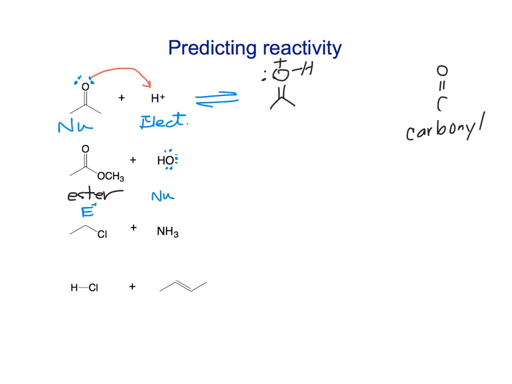Well, again, we have a delta minus charge on the oxygen, leaving a delta plus on the carbonyl carbon. We'd also have a delta minus over here, so that really builds up that delta plus on that carbonyl carbon. So hydroxide would react with the carbonyl carbon.